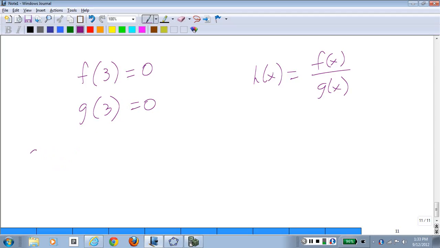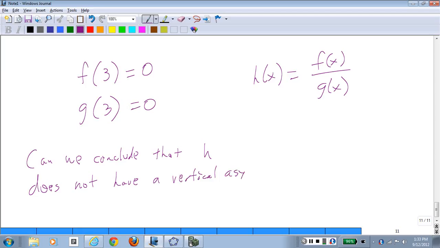Can we conclude that h does not have a vertical asymptote at x equals 3?